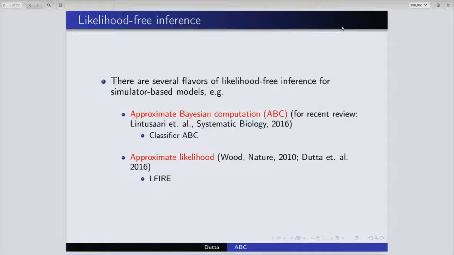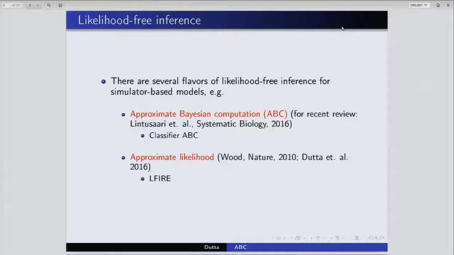For a review, I recommend you check these papers. But here, what we will be talking about is classifier ABC, where we use classification inside ABC. I will come into that. The second approach is approximate likelihood. In the whole ABC scenario, for the simulator-based models you are dealing with, you don't have a likelihood function.